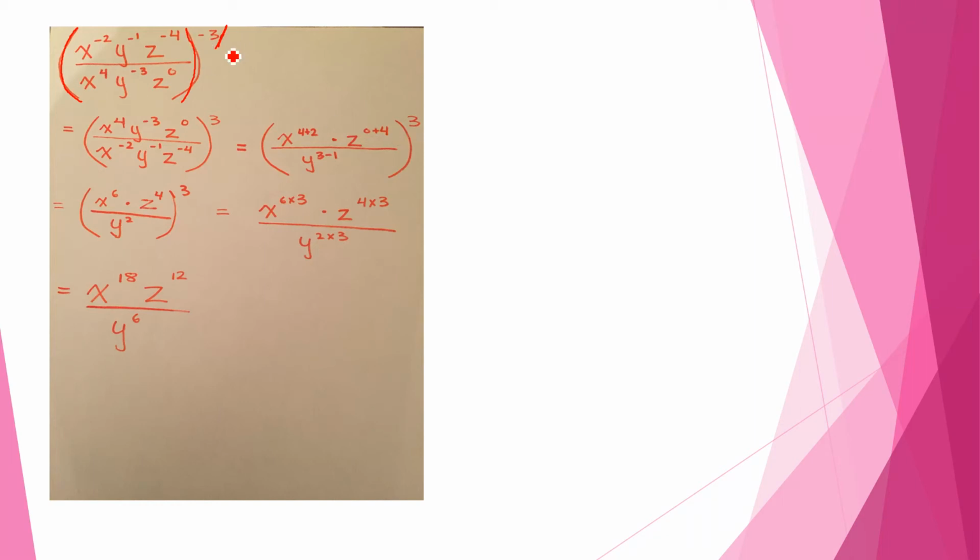But if the exponent is negative on the whole power, the whole exponent, you have to make it positive first. So how will you make it positive? Very easy way. Whatever is inside the parenthesis, this is in the numerator, this is the denominator, change the position, bring the denominator into the numerator, and the numerator will go into the denominator.